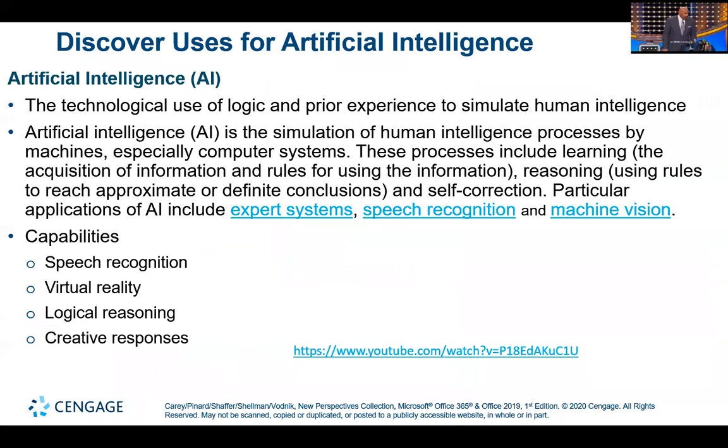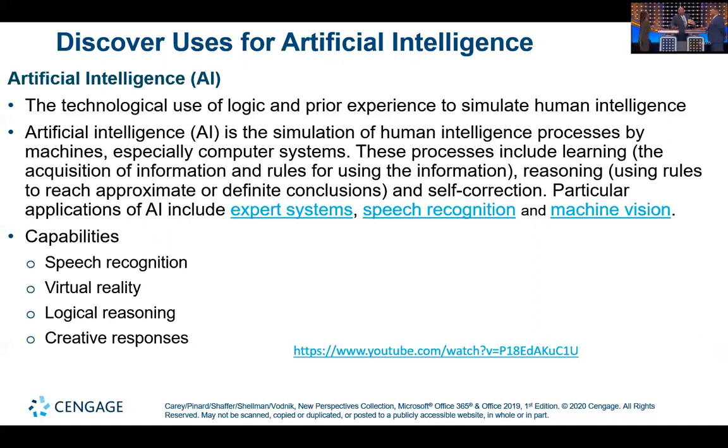So when we moved from there, we decided that we wanted to make something that would simulate human capabilities. So artificial intelligence came about, the technological use of logic and prior experience to simulate human intelligence. Artificial intelligence, or AI, is the simulation of human intelligent processes by machines, especially computer systems.